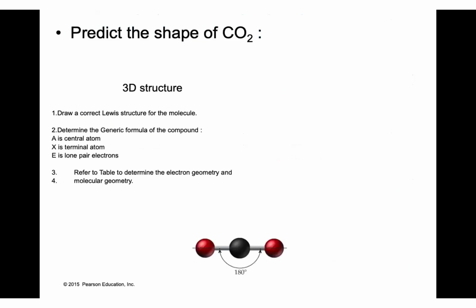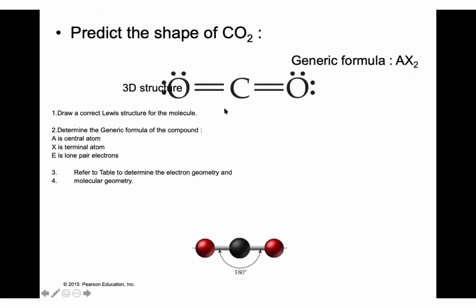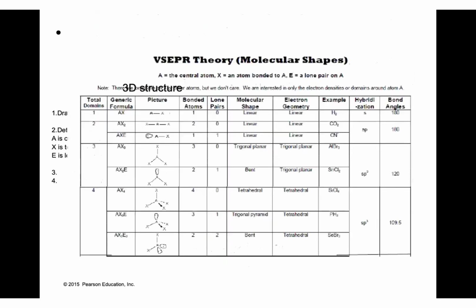Let's do CO2. Let's first draw the Lewis structure for the molecule, then the generic formula. The generic formula is what? I have one central atom, I have two terminal atoms. Do I have any lone pair around the central atom? No. So that would be AX2. I go to the table, I find AX2. This row is the territory of this molecule.